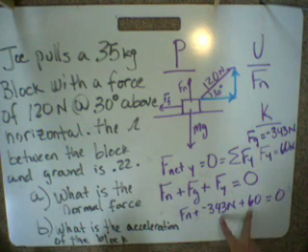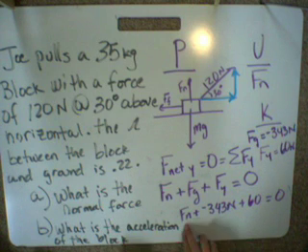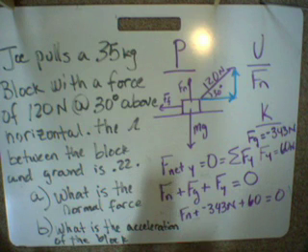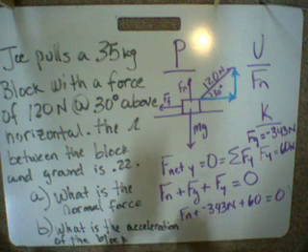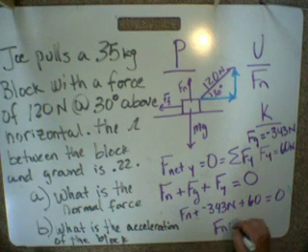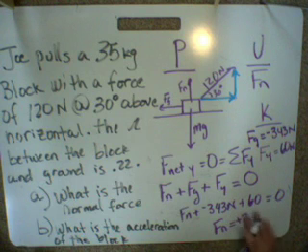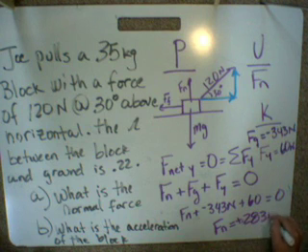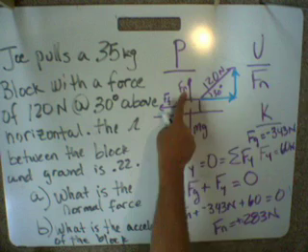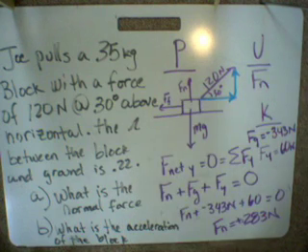If I go ahead and solve it by bringing these to the other side, and I solve it for Fn, I get that the normal force is a positive 283. Fn is a positive 283 newtons. That means it is pointed upwards, and that positive is also indicated in our picture up here.